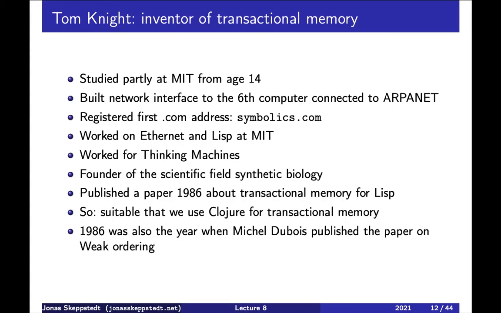And he built the network interface for the sixth computer connected to ARPANET, which became the Internet. And he registered the first .com address, continued to work at MIT and Thinking Machines, and founded a scientific field, synthetic biology. And his paper about transactional memory was published in 1986.